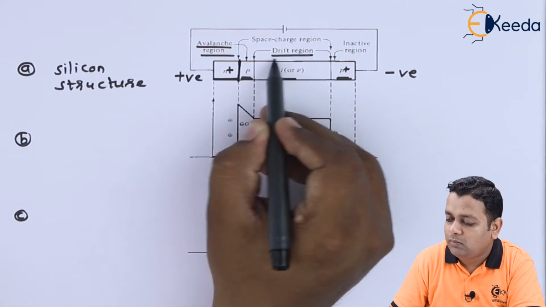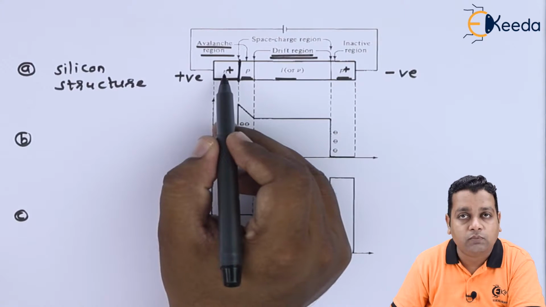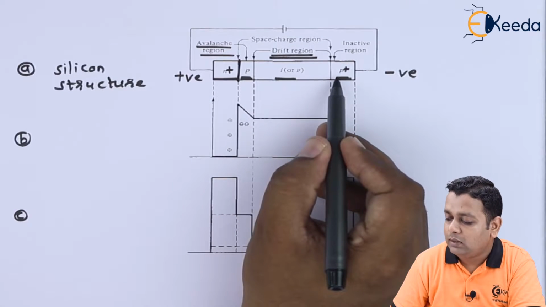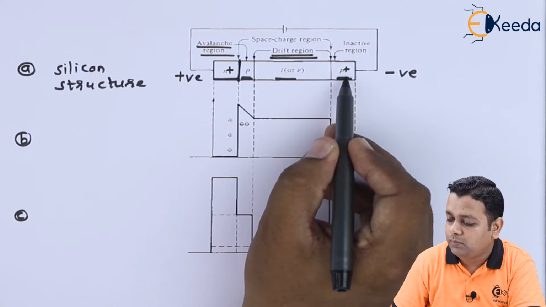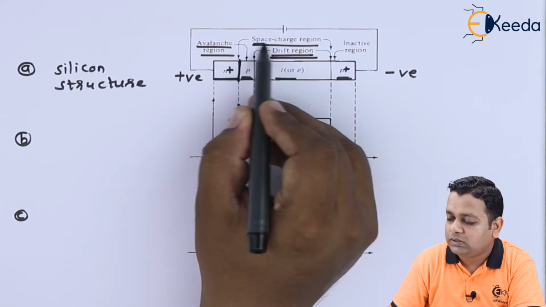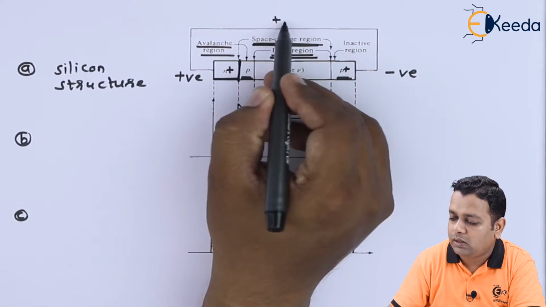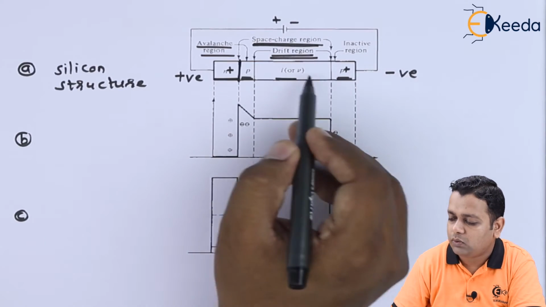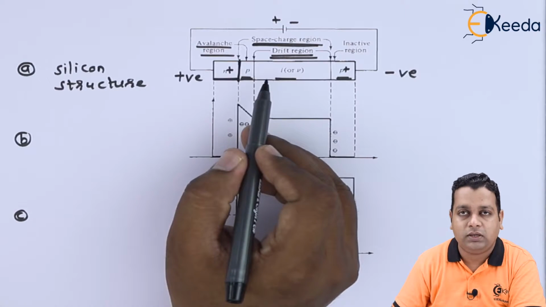That is why we have named it a drift region. From the junction between the N plus and the P to the last P plus at the right-hand extreme, there is the space charge region. This is the polarity that we have connected, positive and negative, to the respective heavily doped N and P types.